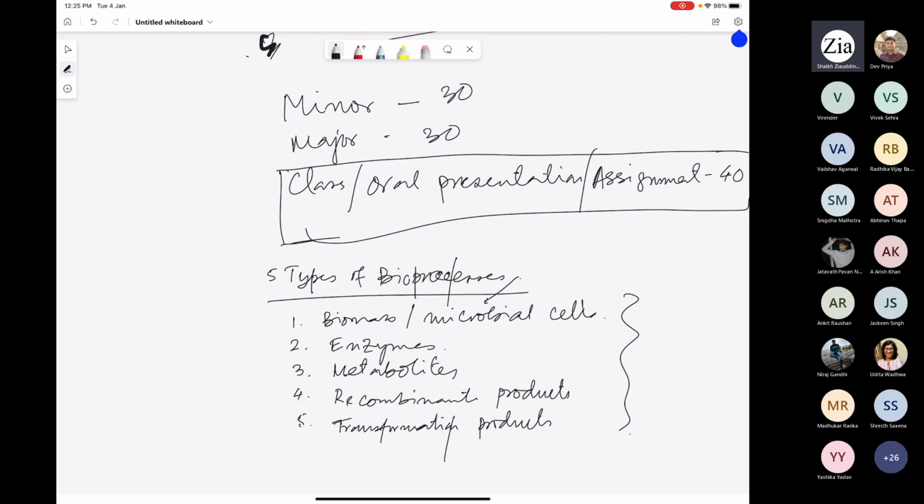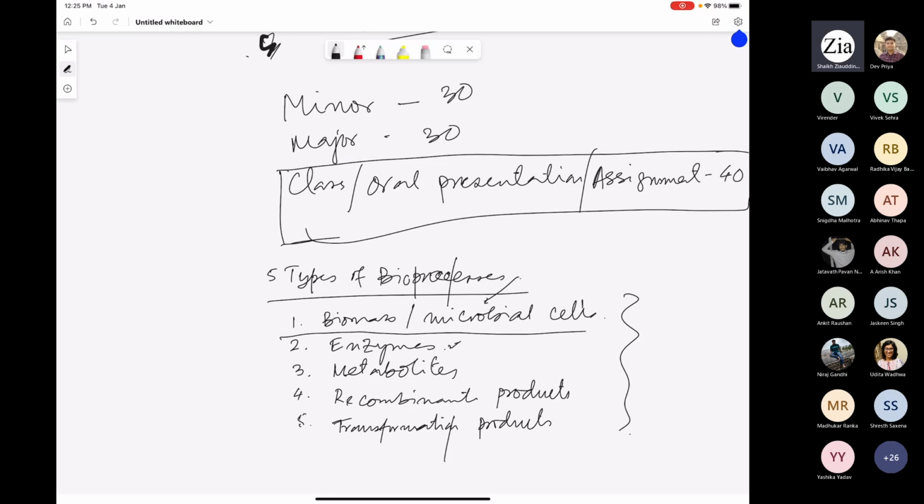Instead of producing any other secondary product, they will just increase their cell number. Whereas if you need extracellular enzyme production, then you will make sure the reaction moves in such a way that you get more production of this extracellular enzyme.